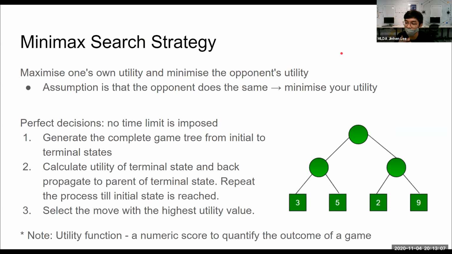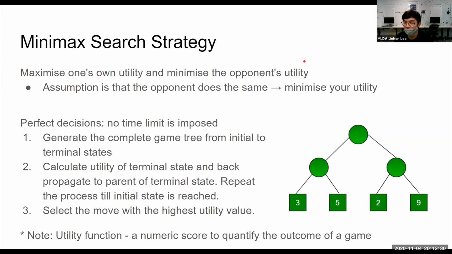So think about when you're playing a game. When you want to win, you will obviously try to choose the best move in that game that will lead you to the highest end score. Similarly, your opponent will think the same thing. So our assumption is that the opponent does the same thing.